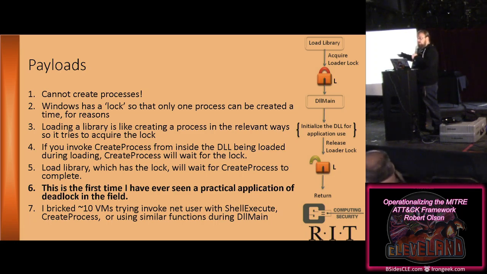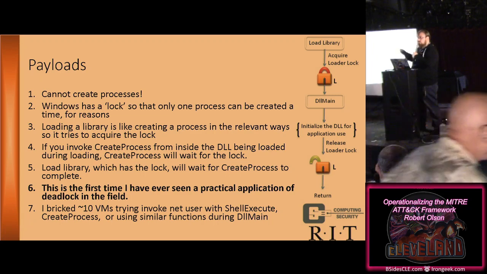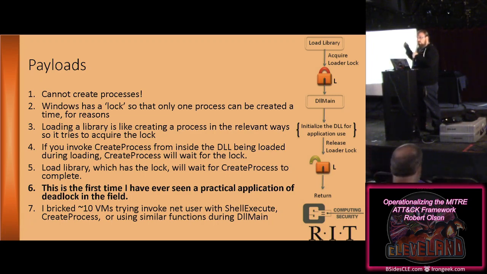And the reason that it can't create processes is that LoadLibrary acquires something called the loader lock. The loader lock gets set before DllMain gets invoked, and when LoadLibrary completes, it gets released.